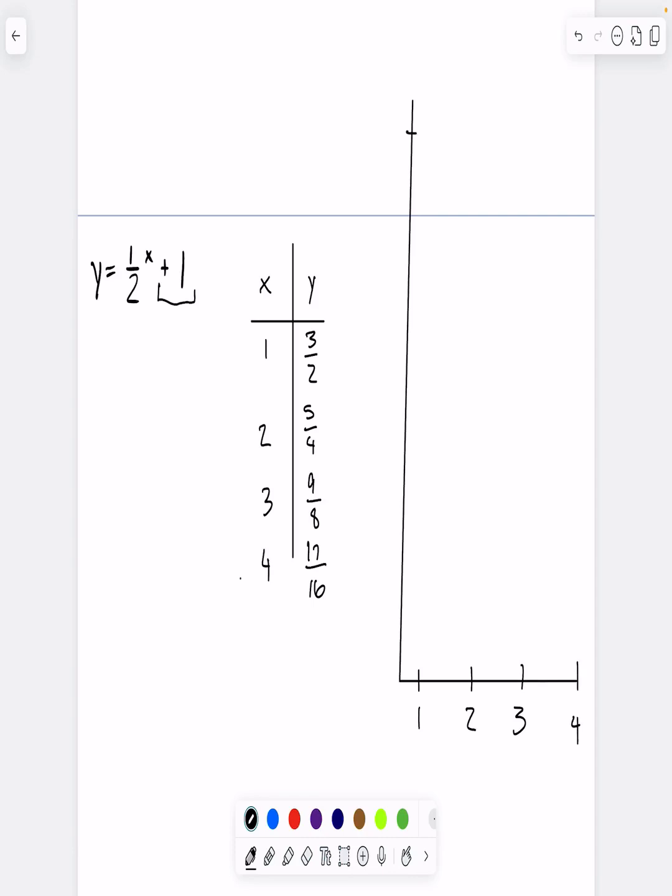up here we have our 3/2. Here we have our 5/4. Here we have our 9/8. Here we have our 17/16. Right? And it would still be a different case.